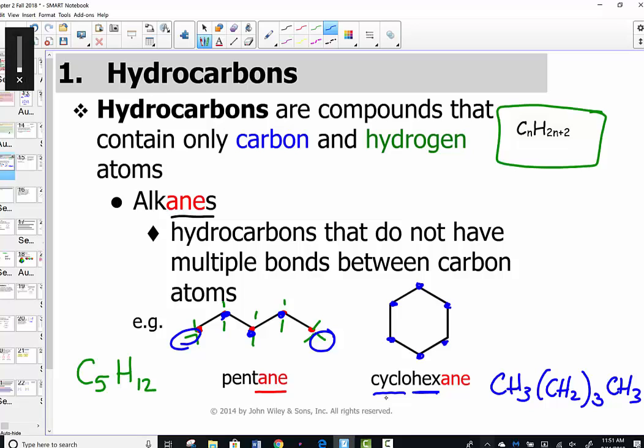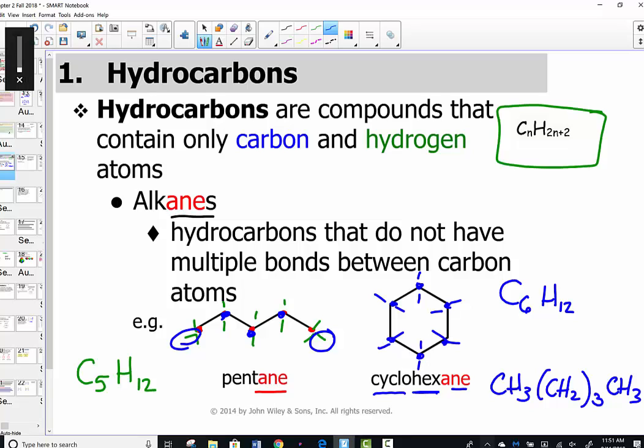So what is the formula for cyclohexane? Well, I can count 6 carbons, and 1, 2, 3, 4, 5, 6, 7, 8, 9, 10, 11, 12 hydrogens.